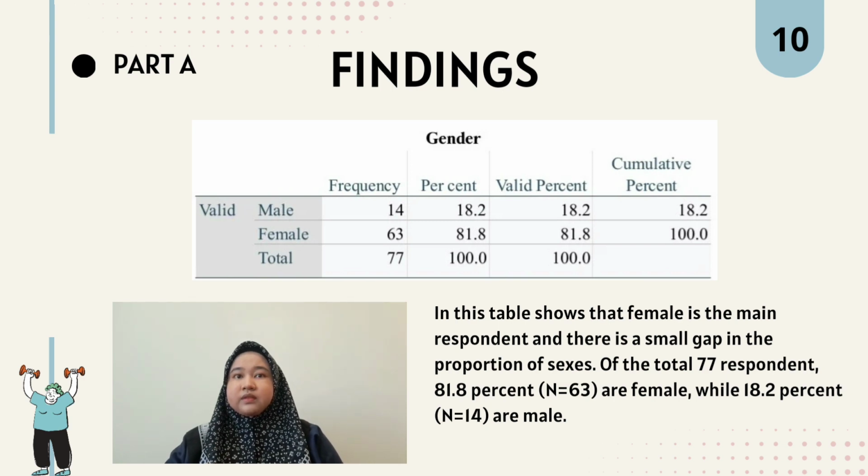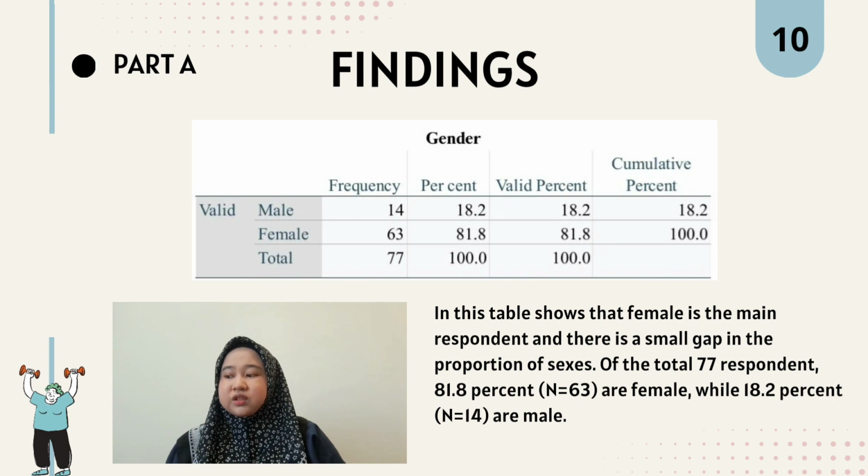Part A. The demographics that I focus on are gender, age of parents, age of children, occupation, and race, to see the frequencies and percentages of parents, as you can see in this slide.